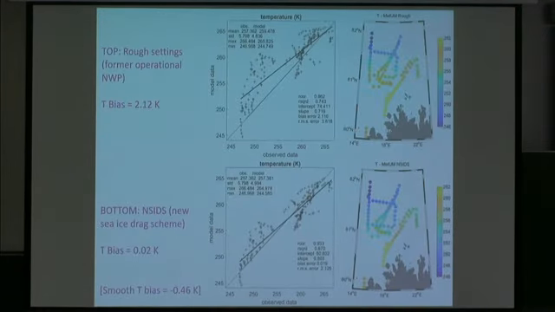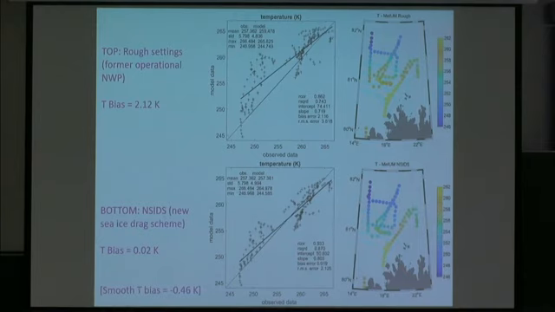I've gone through this briefly. The take-home message is, what I'm showing here is observations from the aircraft of air temperature against model data. You can see that the model does a pretty good job of capturing the air temperature, but there is a bias here, and this bias is around 2.1 Kelvin. When you change to the new sea ice drag scheme, your bias drops down to 0.02.